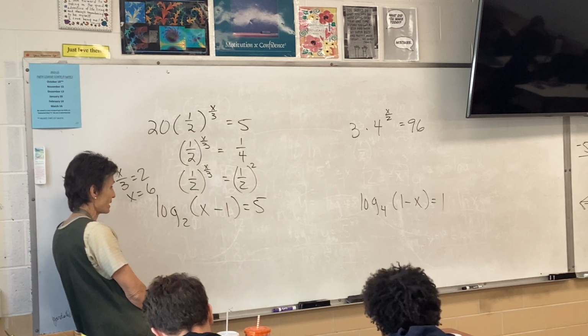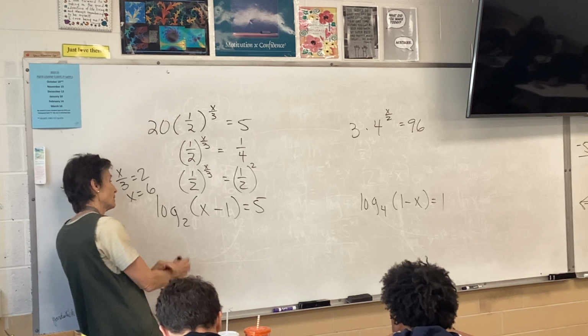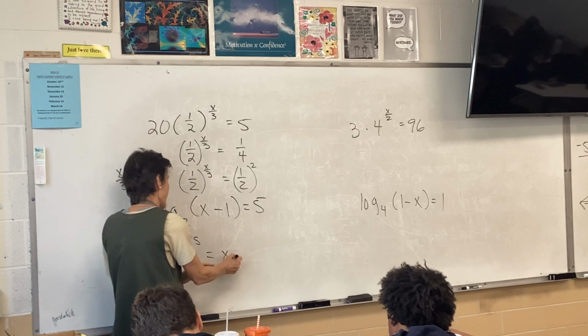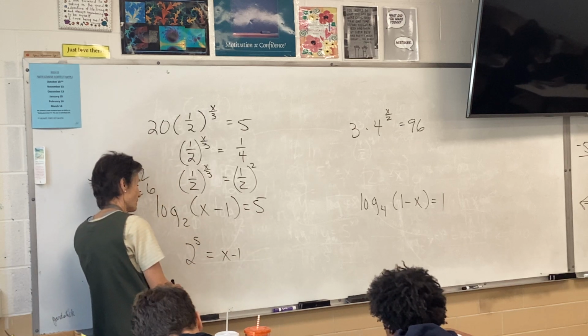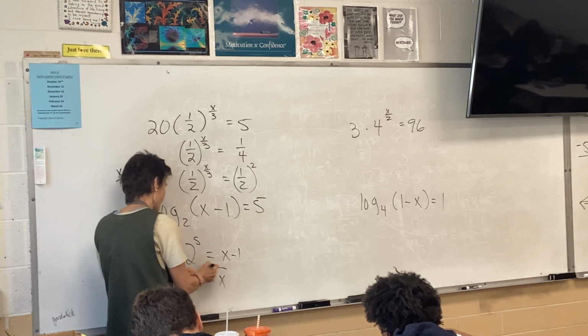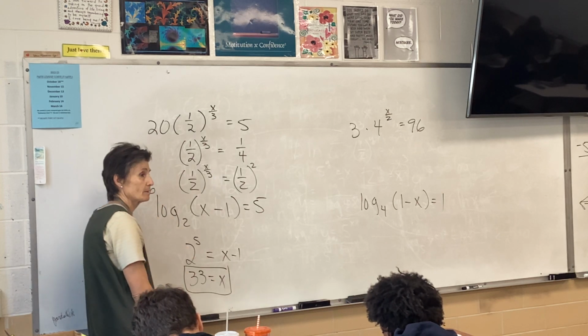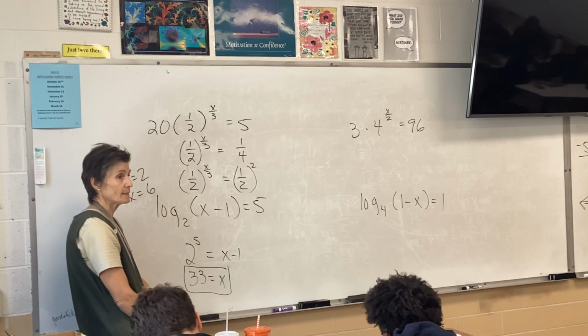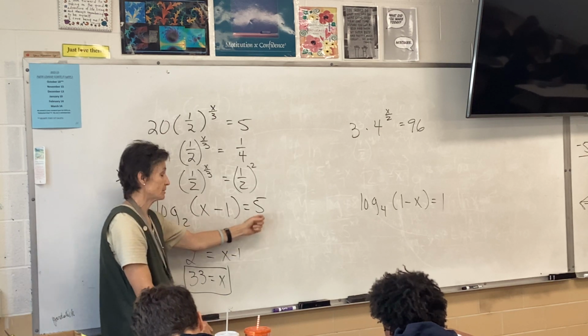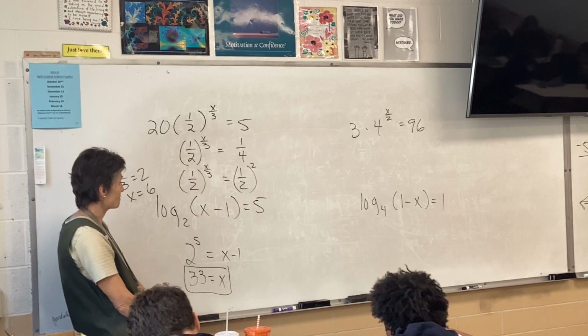He's a logarithmic equation. 2 to the 5th, beautiful. 2 to the 5th equals x minus 1. 32. So 32, would you say x is 33? That was easy, as long as we remember 2 to the 5th is x minus 1.